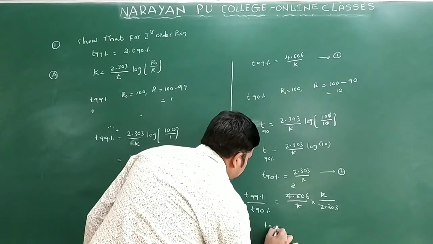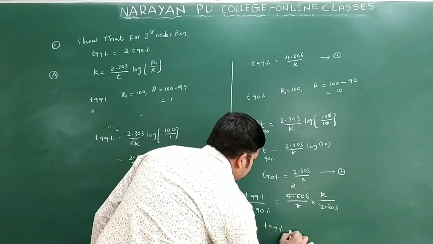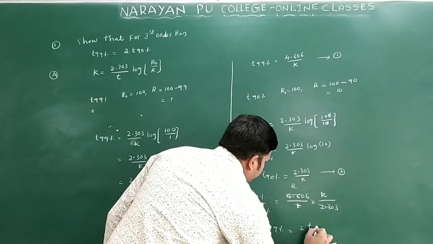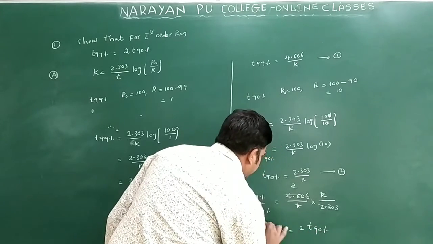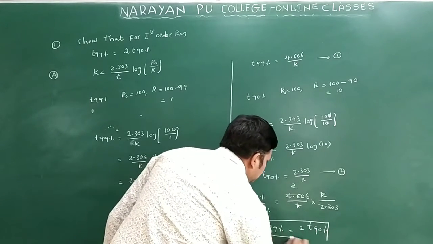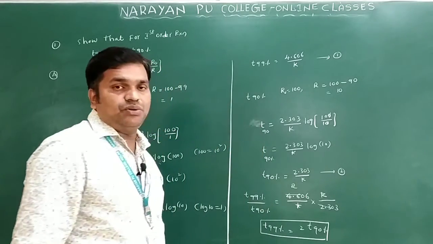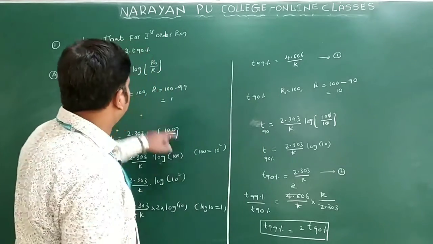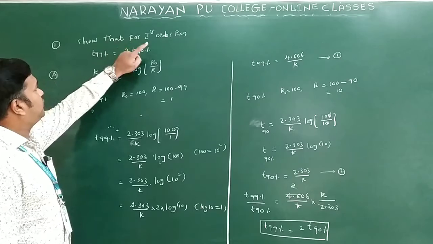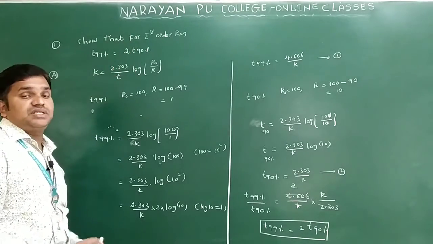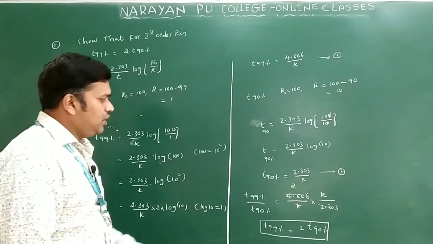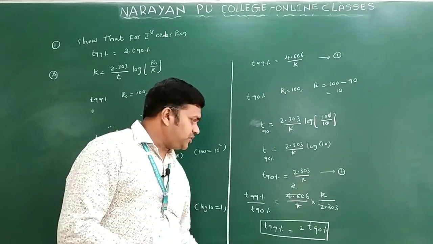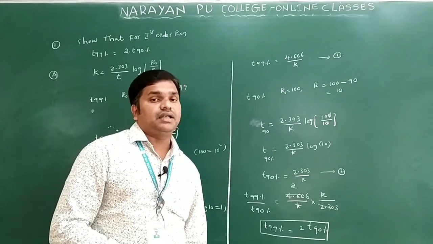Then you will get T 99% is equal to 2 into T 90%. So we got this relation. Show that for first order reaction T 99% is equal to 2 into T 90%. So we get this relation.